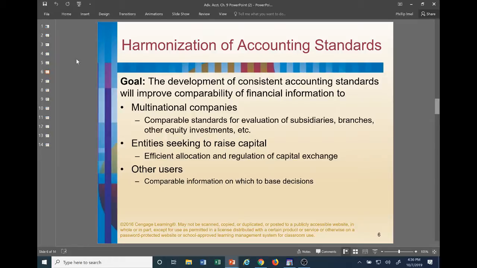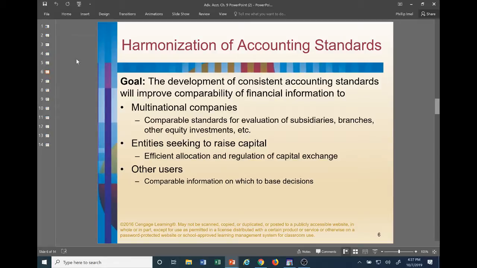Now, multinational companies must have comparable accounting standards with which to measure the effectiveness and efficiency of their various international subsidiaries, branches, or other equity investments. Also, in order to efficiently allocate and regulate the exchange of capital, international capital markets need to evaluate the adequacy of financial statements and disclosures made by those companies seeking to raise capital.